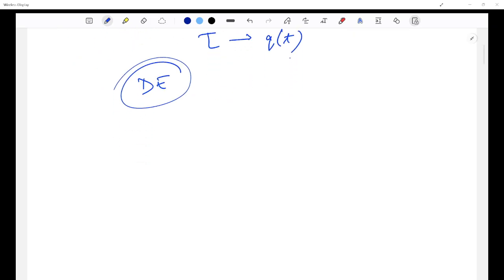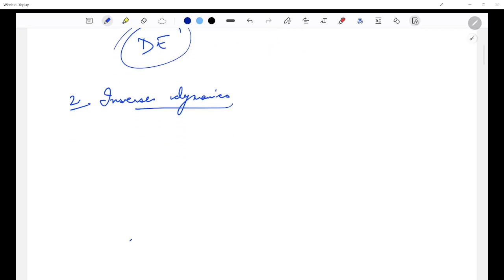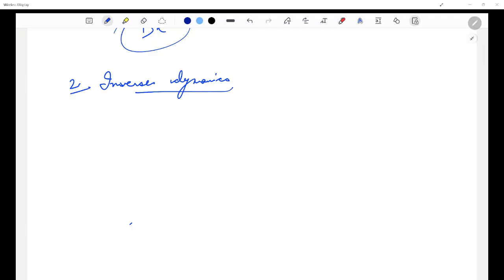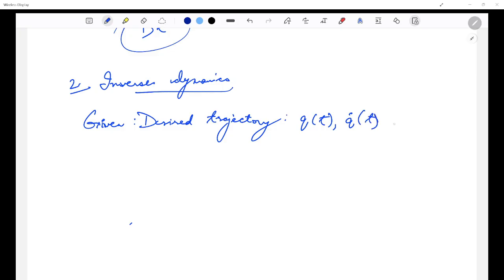Okay, what happens in inverse dynamics? So in inverse dynamics, you have some desired trajectory given, which are, let's say, q(t), q dot(t), q double dot(t). And then what are you supposed to do?